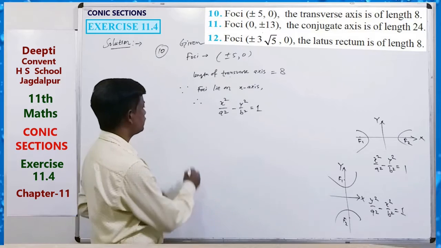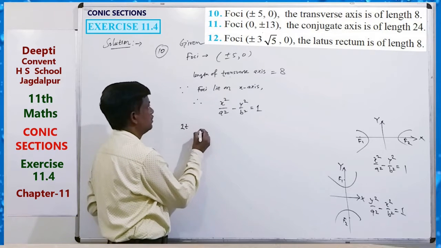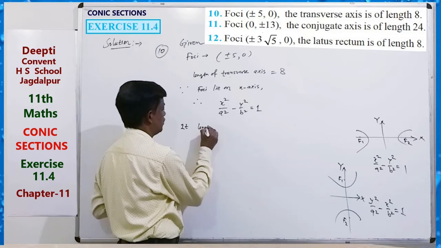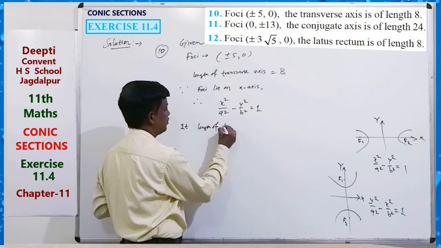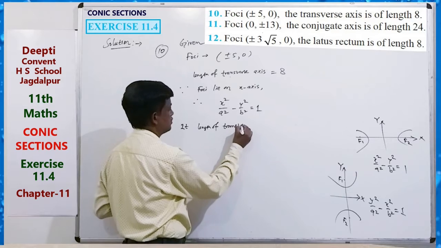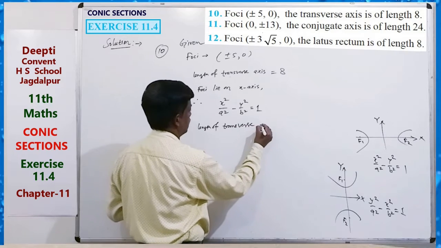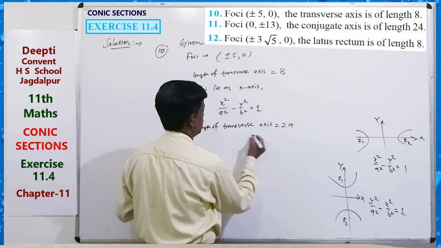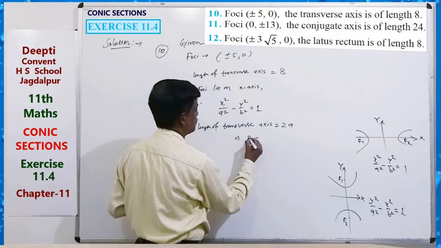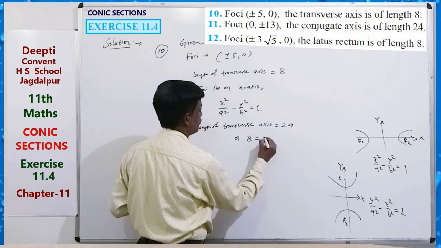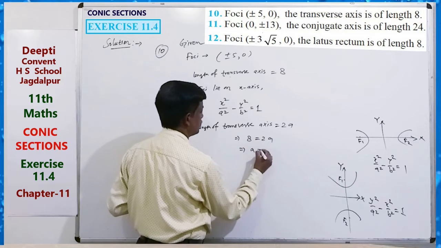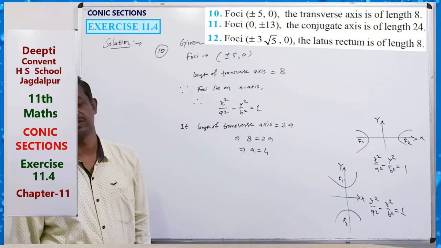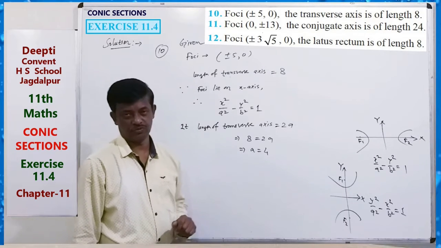The length of the transverse axis is 2a. This is given: 8 equals 2a. So a equals 4.